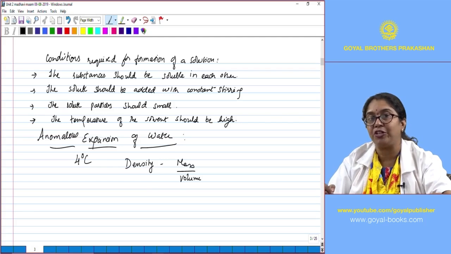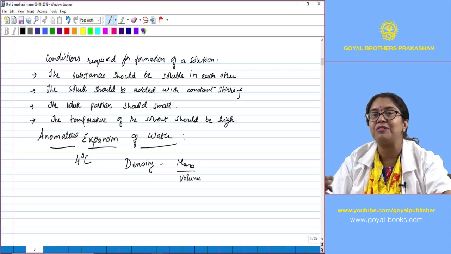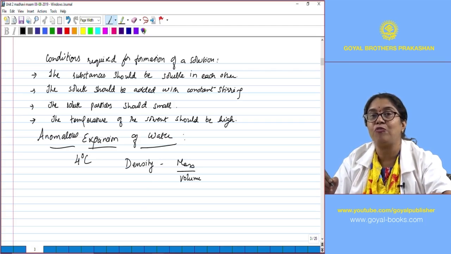But below 4 degrees Celsius, water instead of contracting will expand. When water expands, the volume will increase, and when the volume increases, the density decreases. That is the reason, children, ice, though it is the solid form of water and solids supposedly have greater density, will have less density than water and it will float on water.